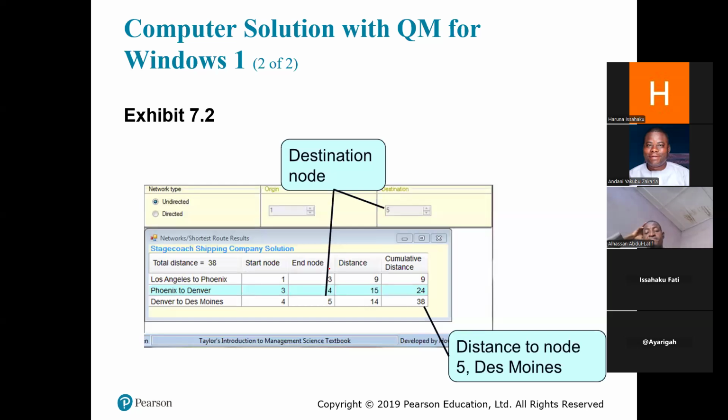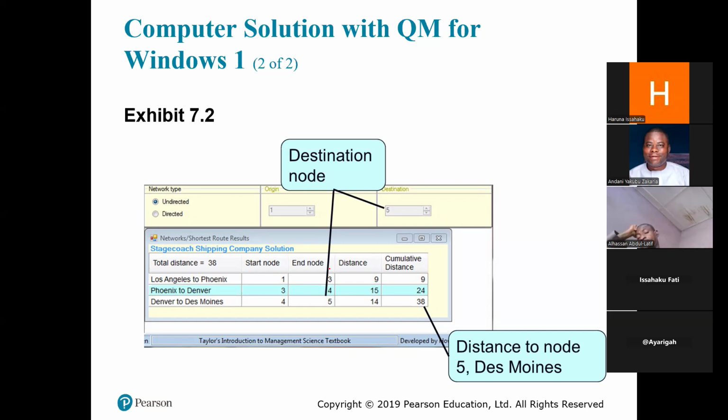Now, if you are using QM for Windows, you can always select from one destination node to the other, and it will give you the results. When you analyze it, it doesn't just give you the results for all of them at a go.